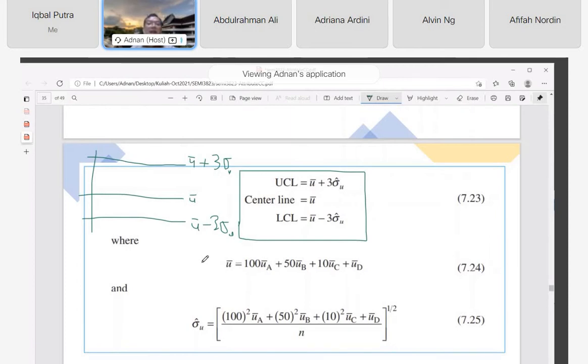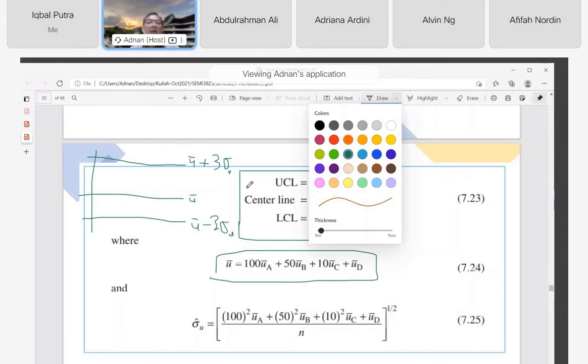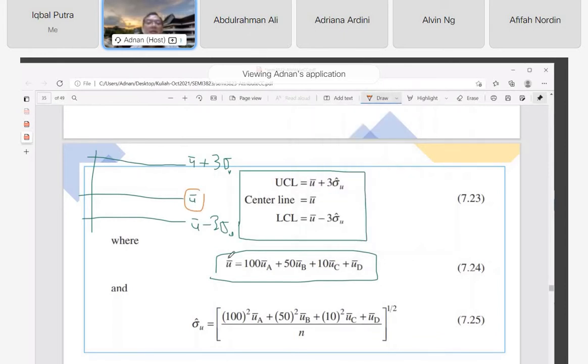Okay, for the central line, this is how we can get the central line with the weighted demerit point. This is the central line calculated. We get it from here, which is weighted 100 for very serious, moderately serious, and so on.